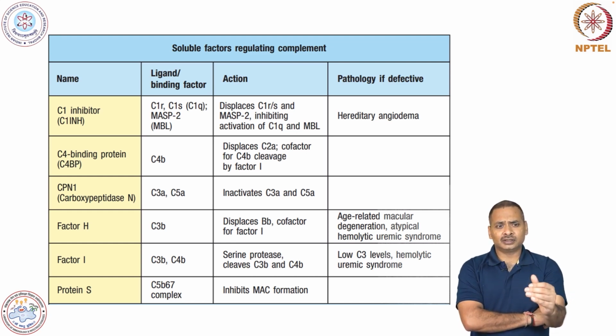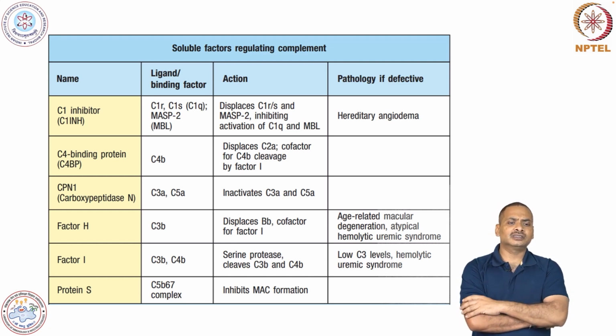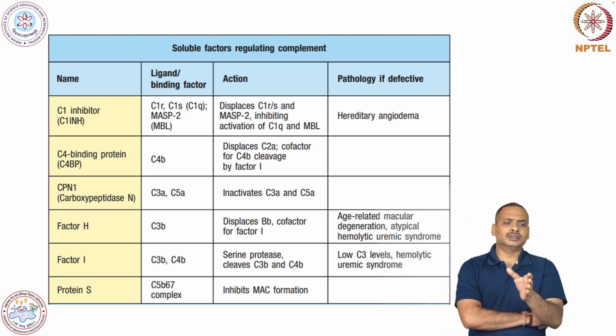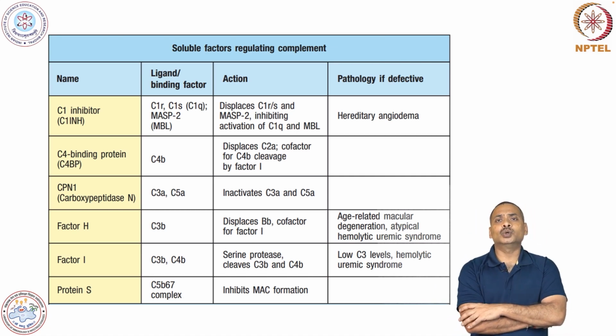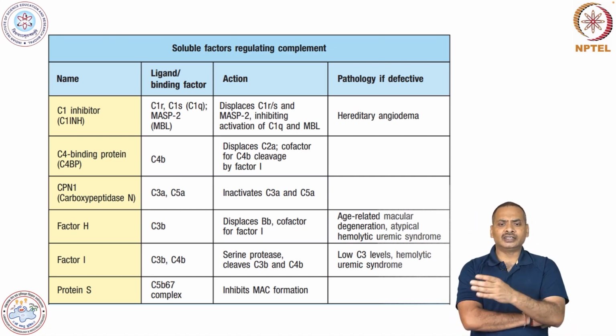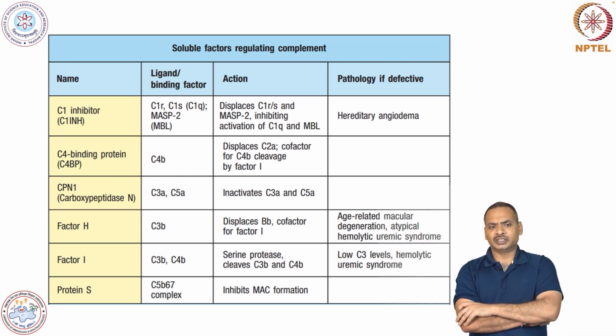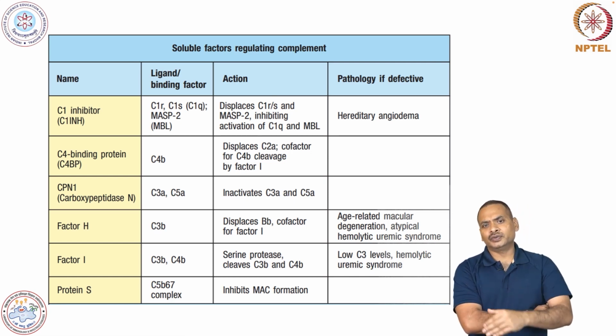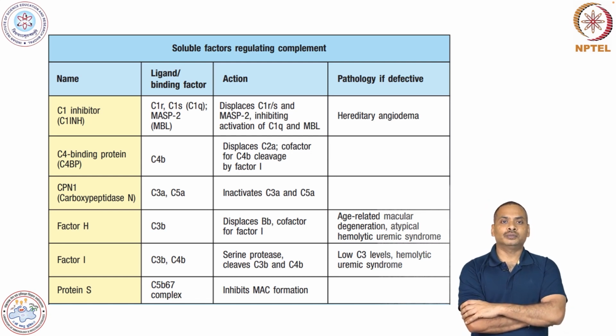So, factor I cleaves C3b and C4b, and if there is a deficiency of factor I, then there will be a low level of C3, and that will also cause hemolytic uremic syndrome. There is another molecule which we call protein S. This protein S interacts with the C5b-6-7 complex, and it is involved in inhibition of MAC formation. So, these are all the soluble factors which regulate complement.